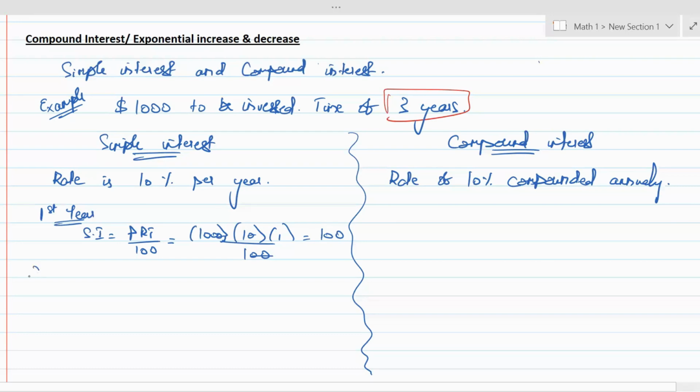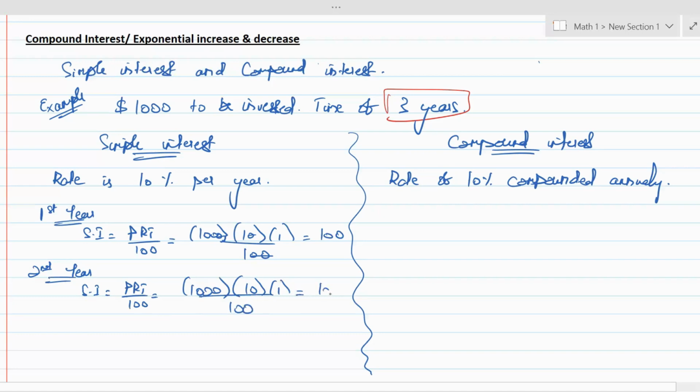We look at the second year. The simple interest is again PRT upon 100. Principal still remains the same, what was initially invested, so principal is still 1,000, rate is still 10, time is 1 year, upon 100.